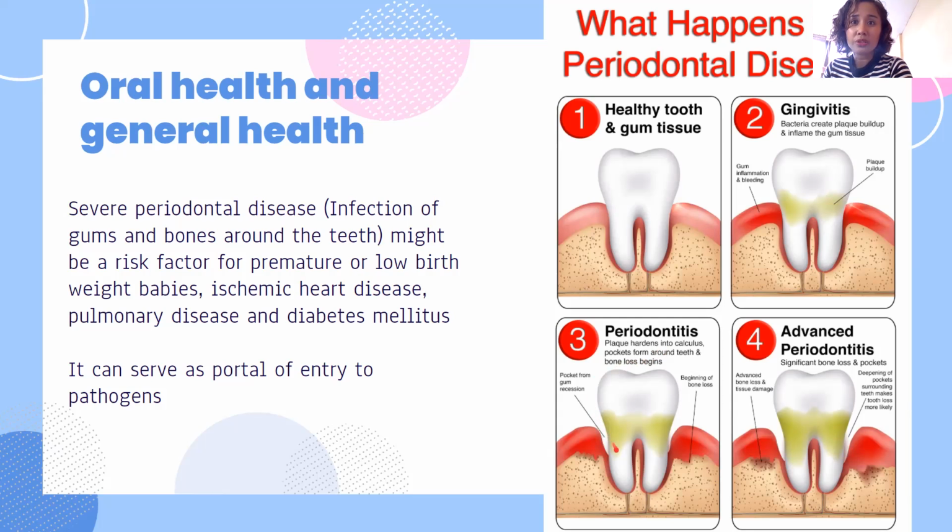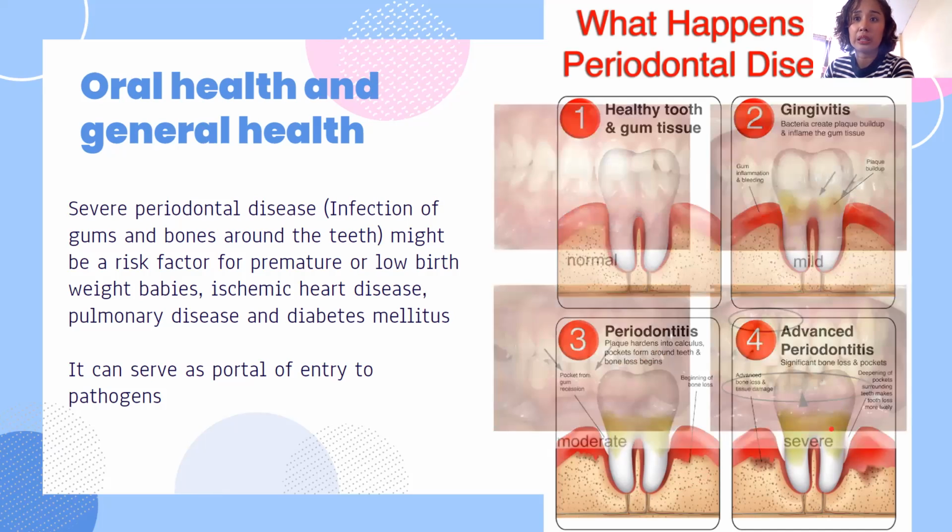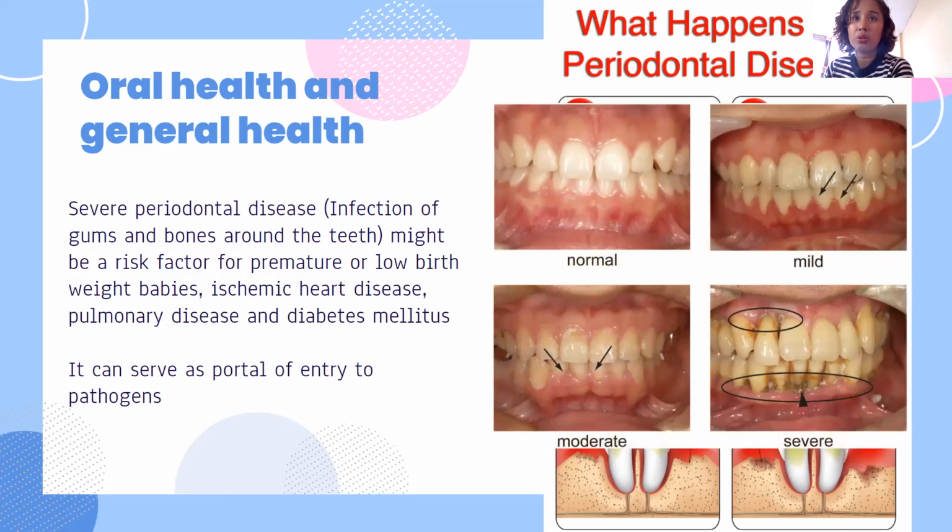Pockets form around the teeth and bone loss begins. Then there is bone loss and significant swelling that's happening. So yung periodontal diseases, yung bacterial infection, pwedeng kumalat sa blood system.